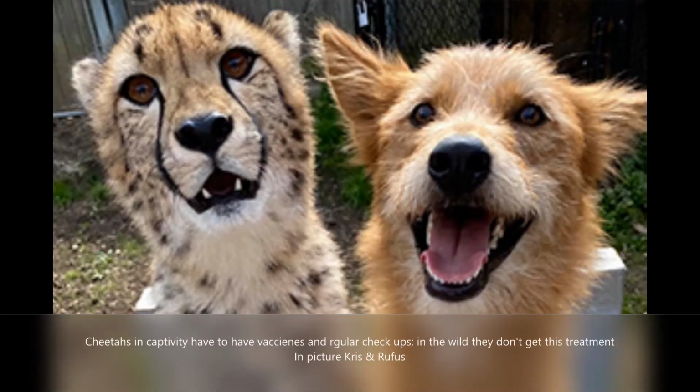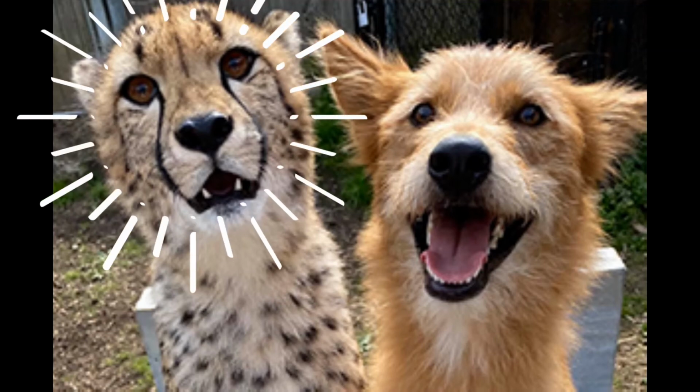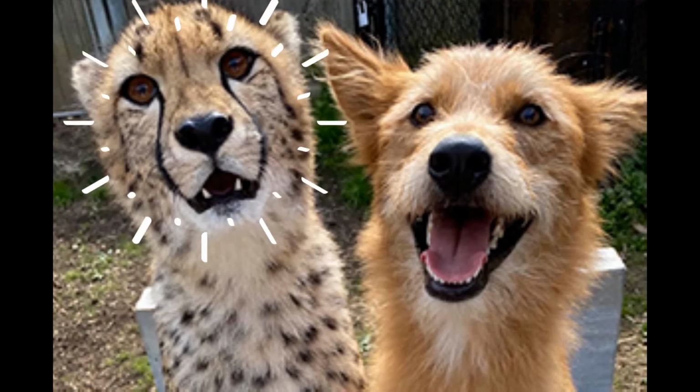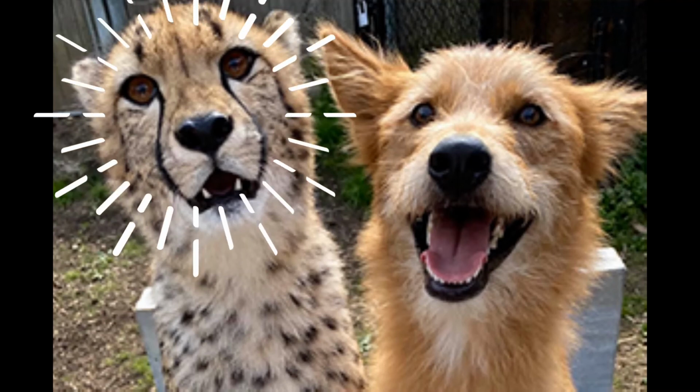So this doesn't occur with cheetahs in the wild, but this happens to them when they're in the zoo. They get regular healthcare treatments, just like your normal pets would. They get a monthly heartworm test and routine parasite treatments. They get swabbed with fly repellents so they won't get any infections like that.